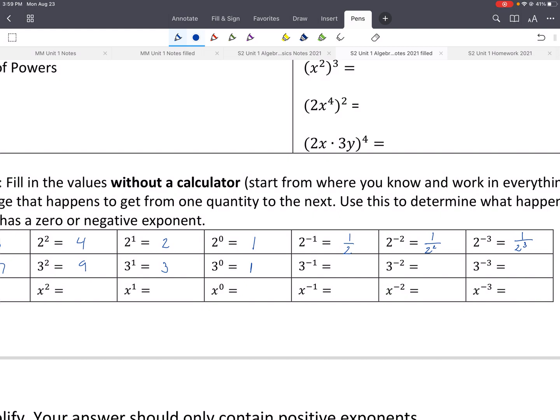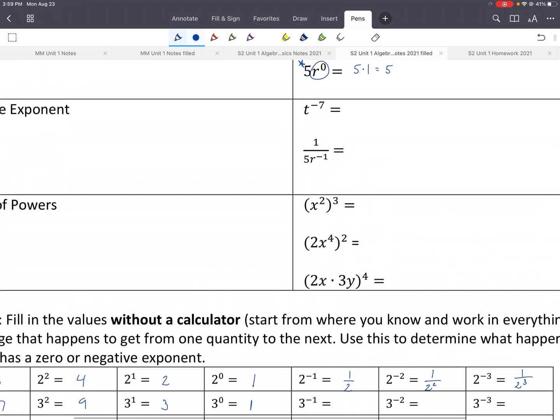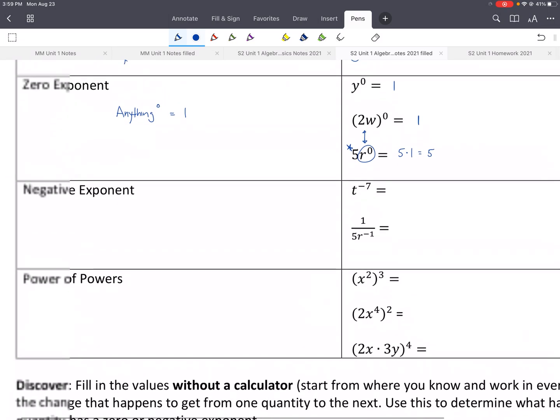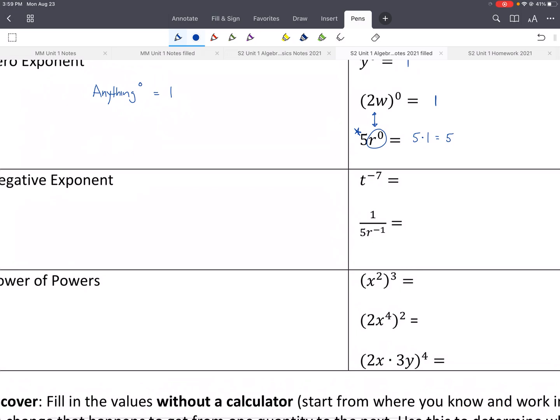So it looks like whenever we have negative exponents, and you could plug this into your calculator to verify that's what you'd get. Okay? So any negative exponents, and that's one thing we should mention, is that our answer should never have negative exponents. So, never negative exponents in answer.